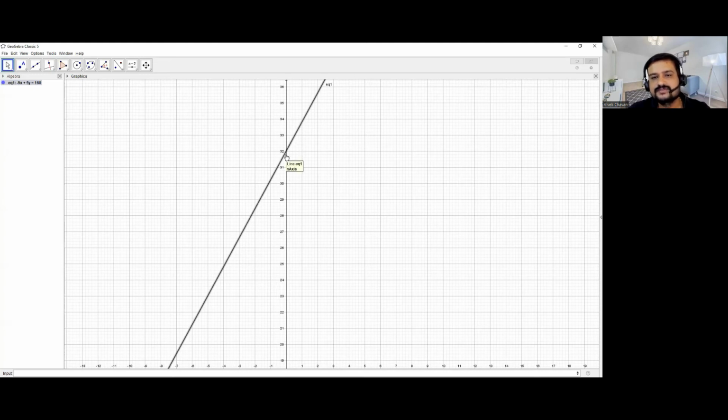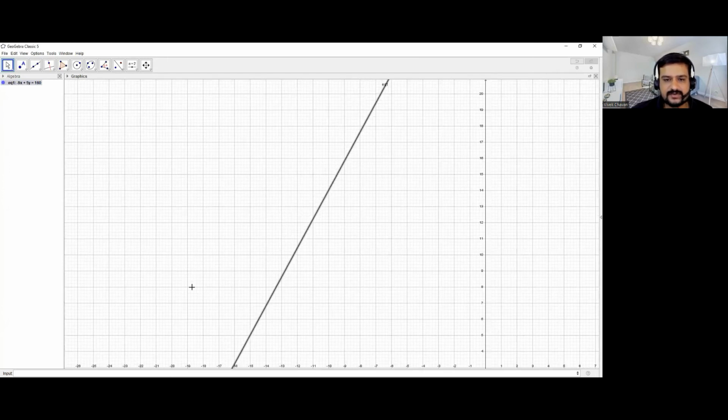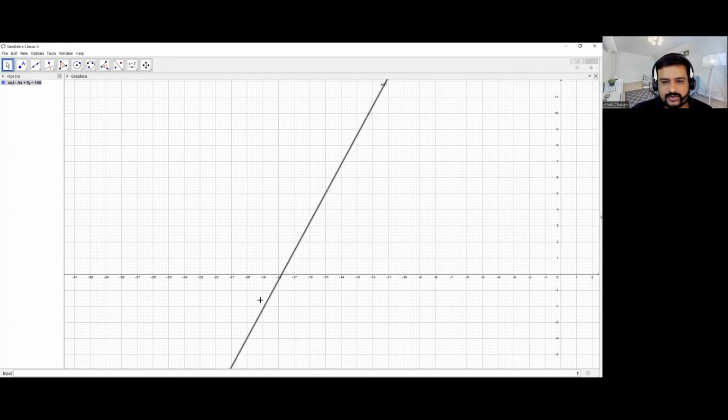What is the coordinate of this point? What is the coordinate of that point where it is cutting the y-axis? This is my y-axis, 0,32. Okay, and now we will check below where it is cutting the x-axis. So it is cutting the x-axis at this point, and what is the coordinate of this point? It is minus 18,0.